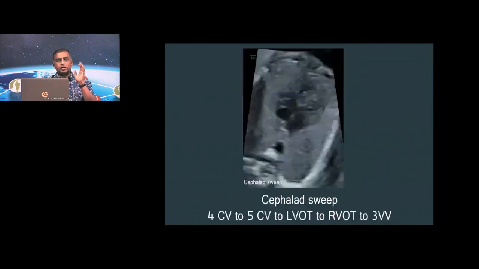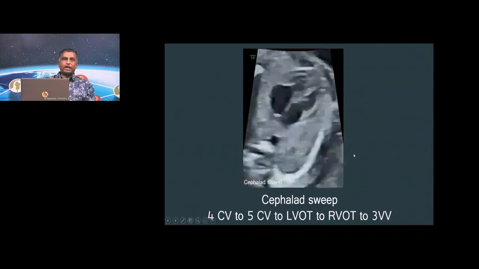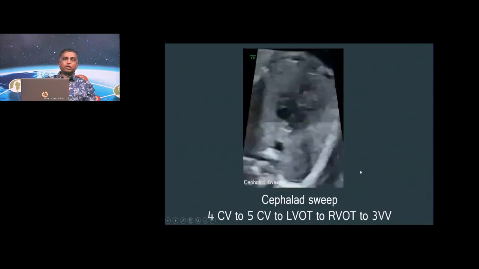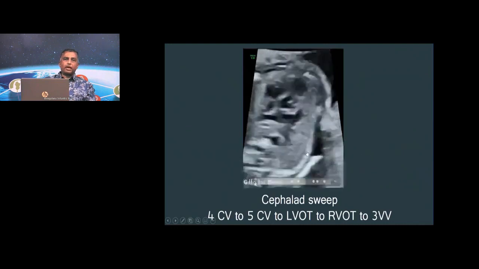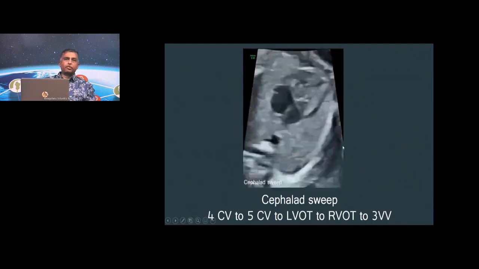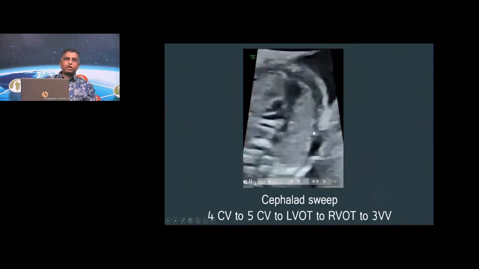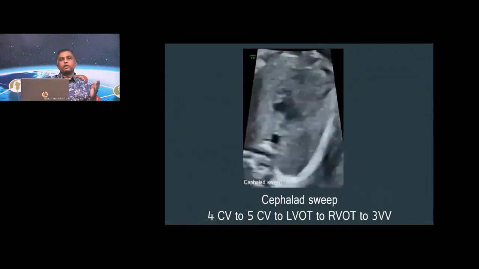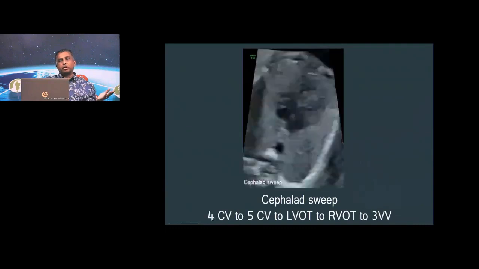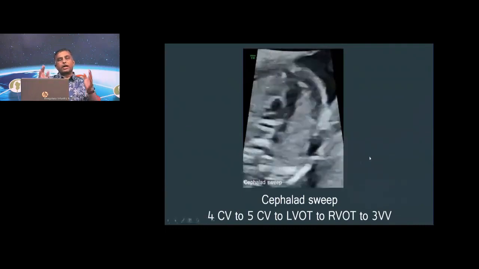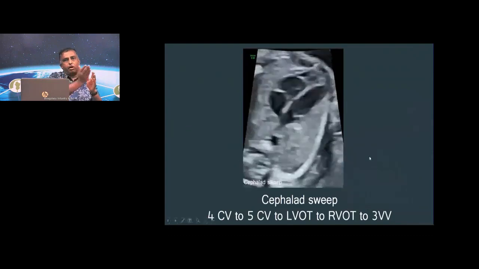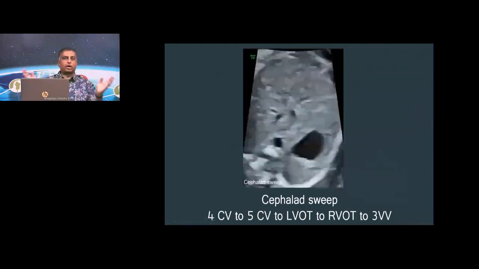So let's look at this concept of cephalic sweep. When you do a cephalic sweep, you will have to start from the upper abdomen and move towards the 4-chamber view, 5-chamber view, and then, of course, you can come into the 3-vessel trachea view. When you do a cephalic sweep, you're actually trying to trap all the axial views into your clip.